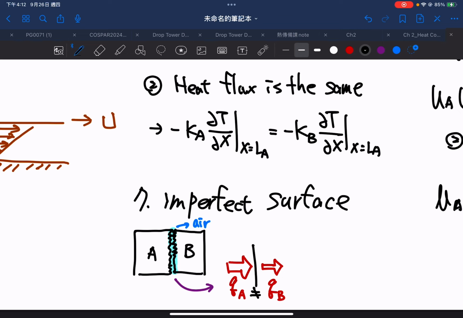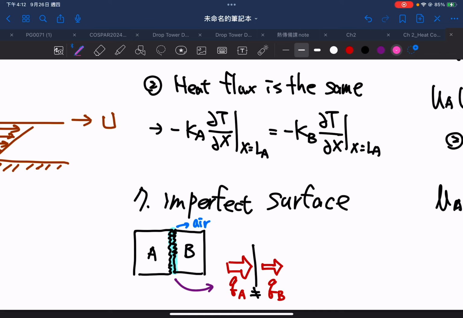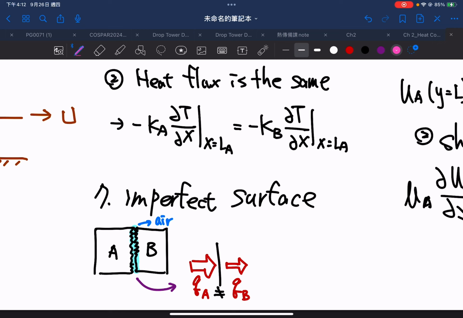Could we still find out how much heat is going to transfer across that interface, even with such a heat insulator in between? Yes, we can do that. In a later chapter, we will introduce something called contact resistance, the thermal contact resistance.